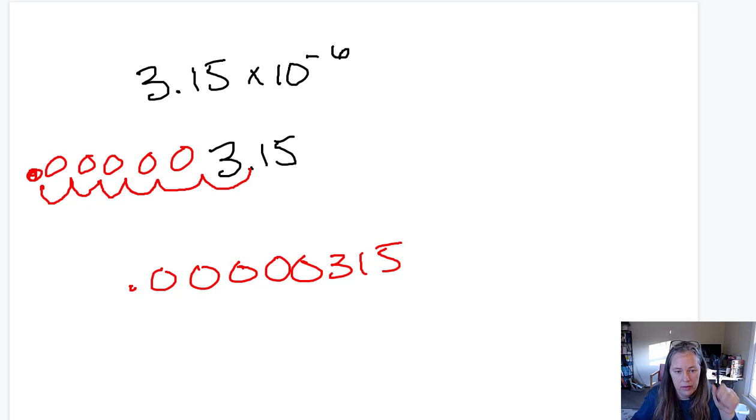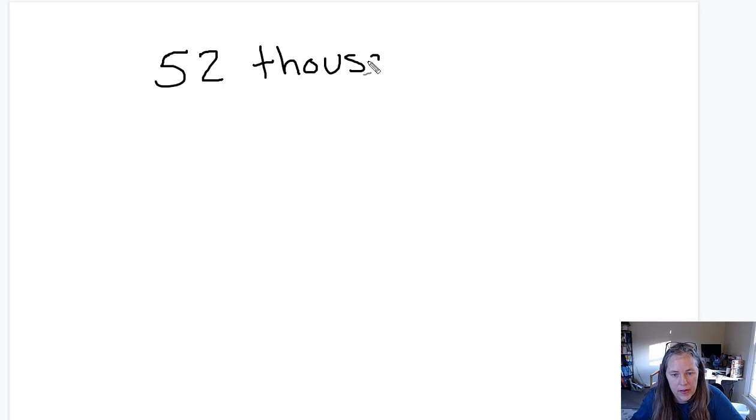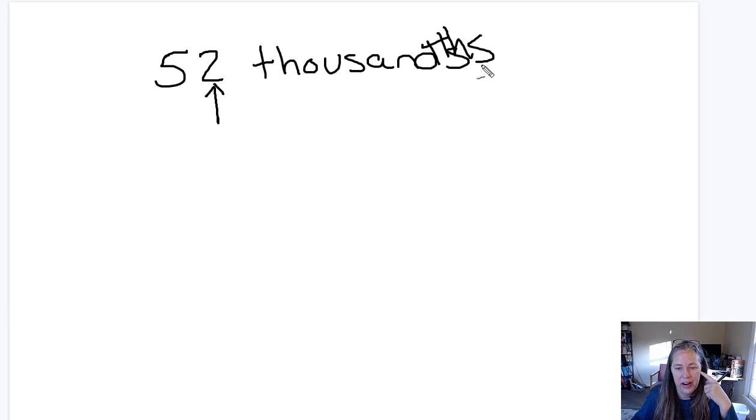Okay, one more thing I need to show you, and then we're done. I know this is long. If it says 52 thousandths, if it gives you words, that means the 2 is in the thousandths place.